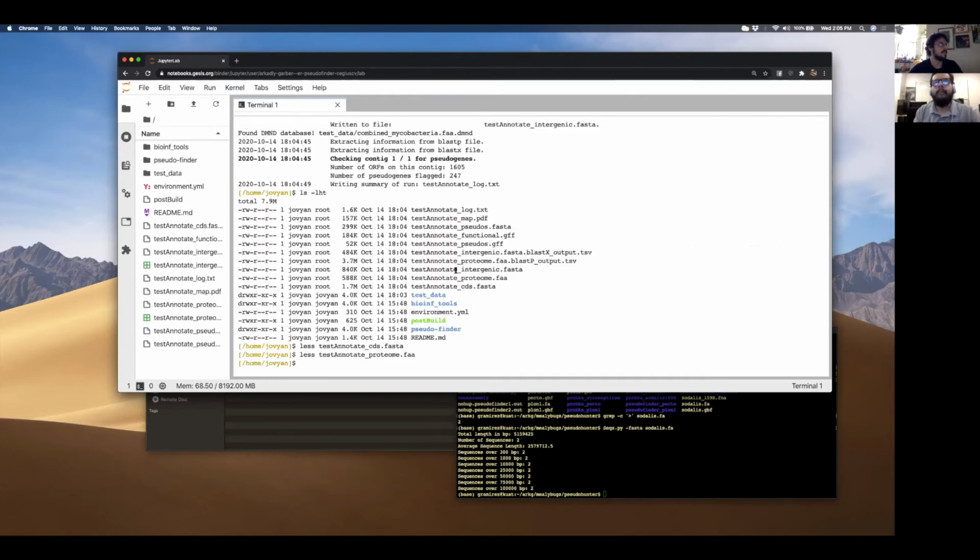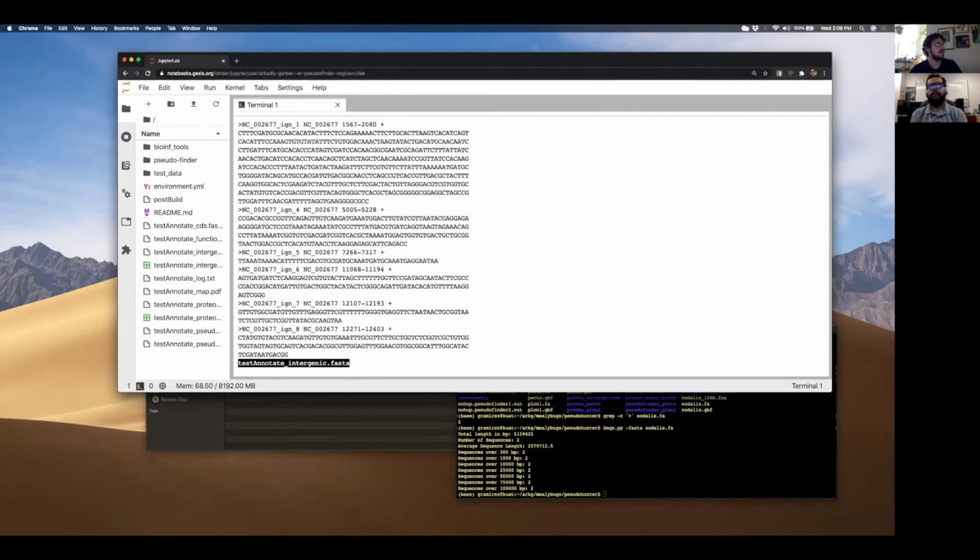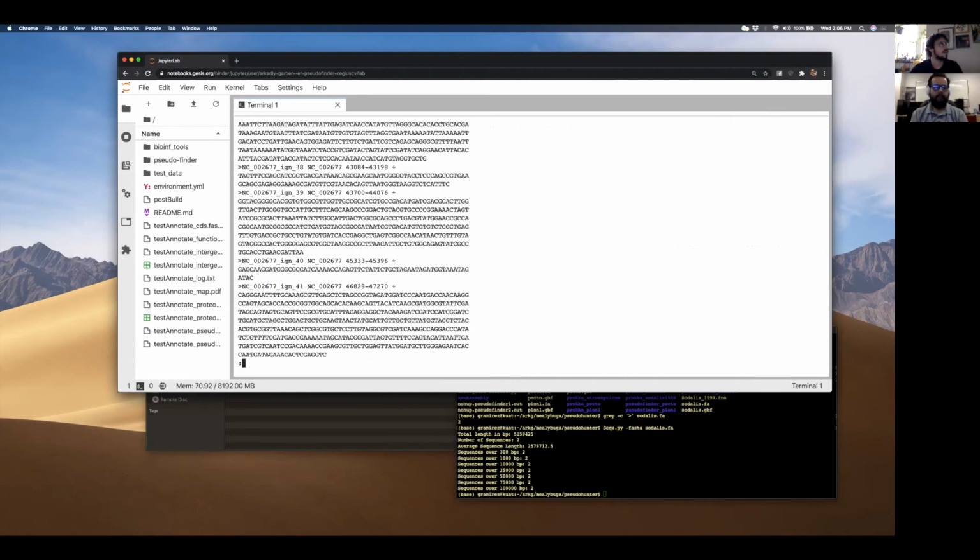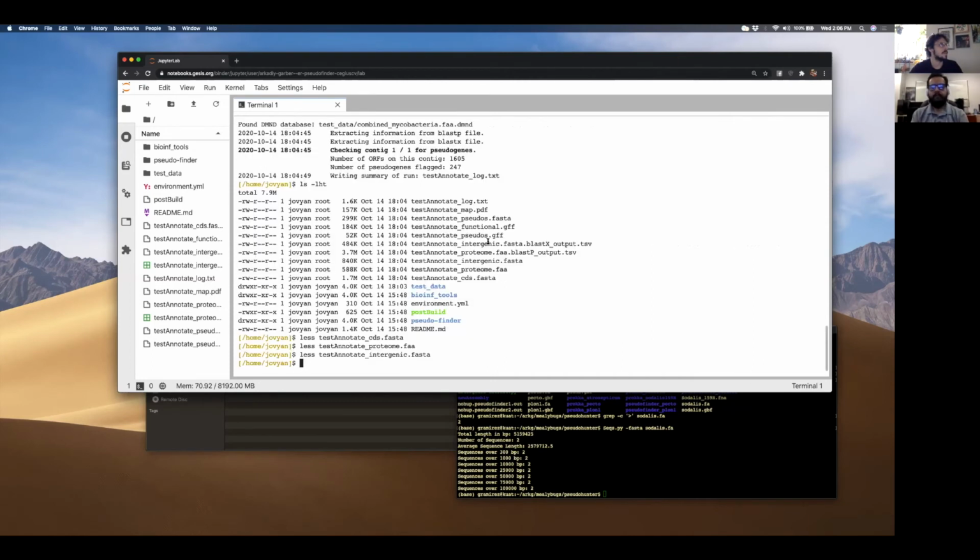And the same thing for the reference data set. Let's see, what is this here? Oh, I guess that's not here for some reason. It also outputs the intergenic regions in nucleotide format. We have those there. We have the BLAST output, if you want to evaluate that yourself.